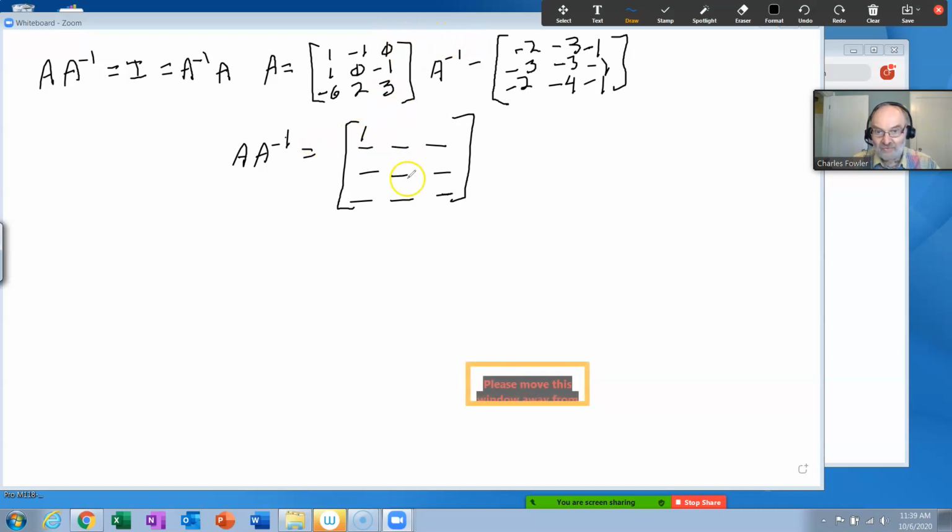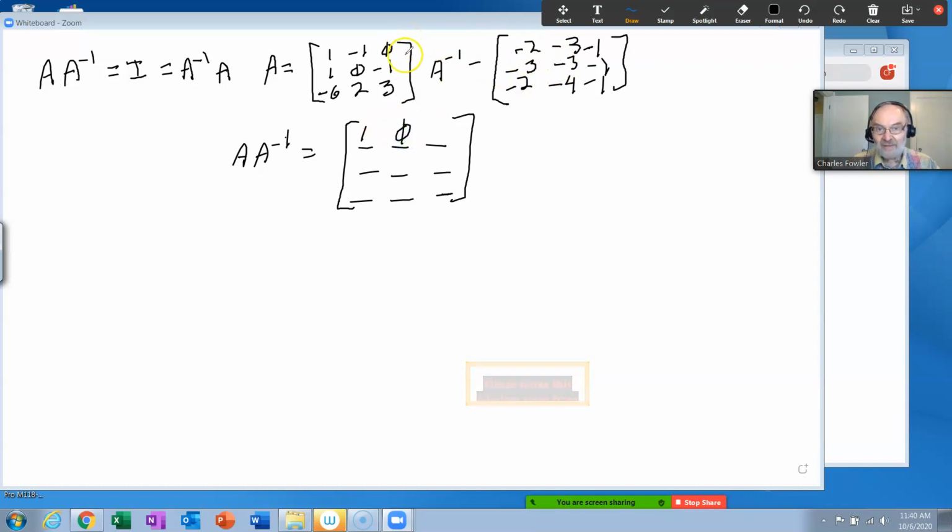The 1, 2 entry, first row, second column, will be 3 times negative 1 is negative 3, negative 1 times negative 3 is plus 3, negative 3 plus 3 is 0, plus 0 is 0.